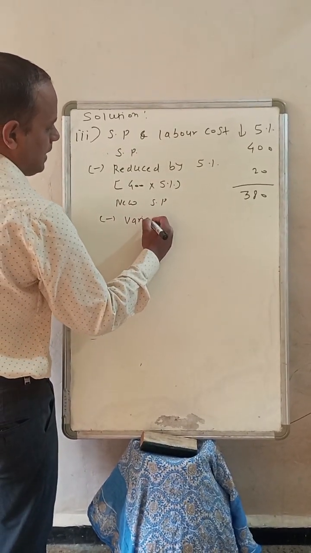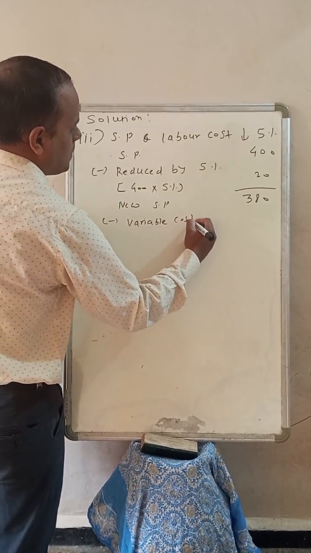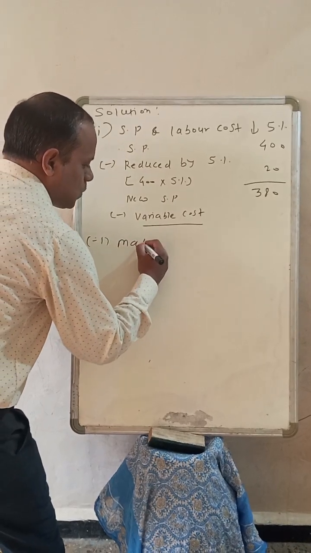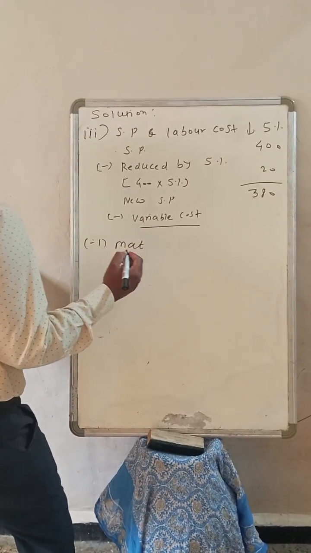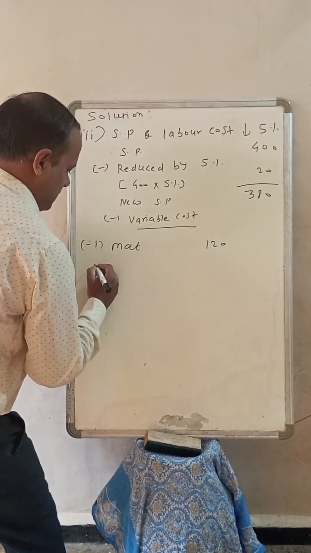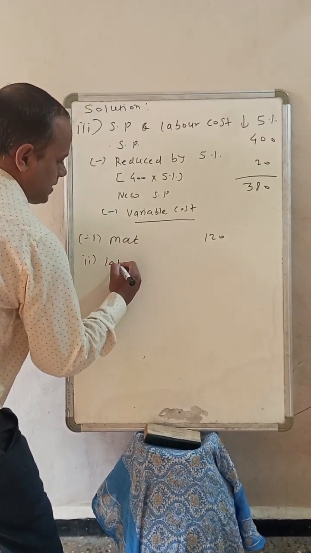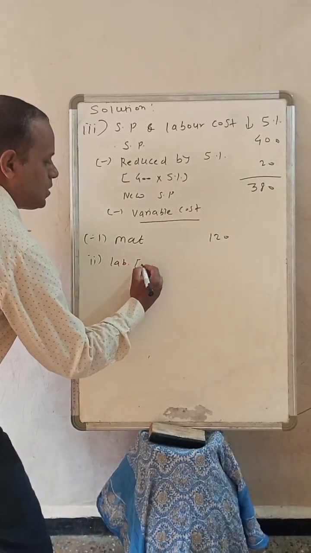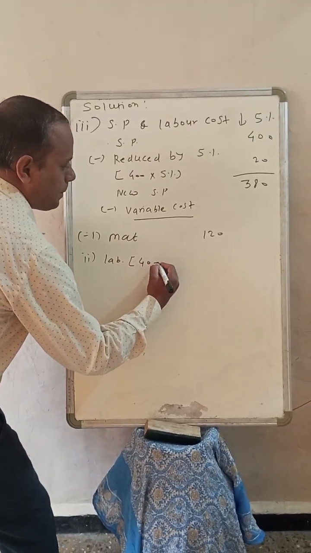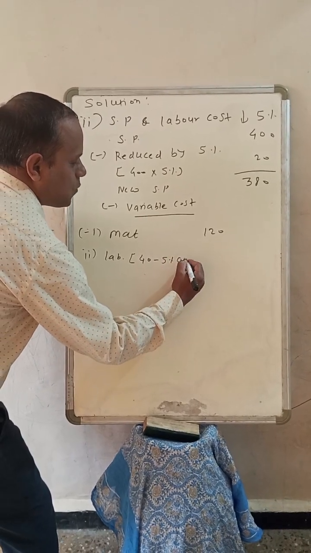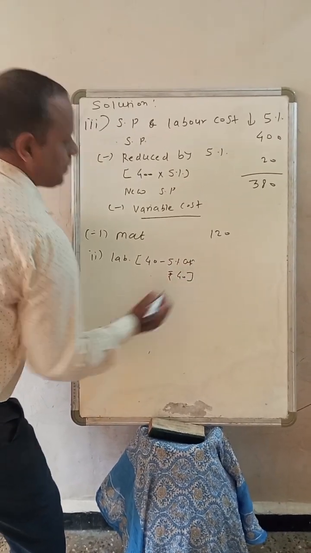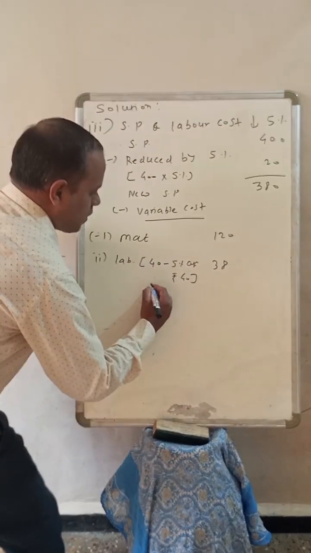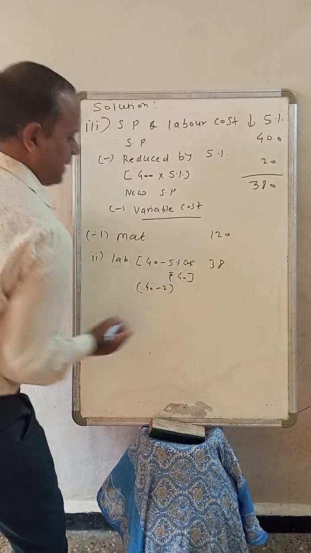So as usual, less variable cost or marginal cost. First one is material. There is no change in material price, so it should be 120. Labor cost, there is a twist. They are reducing the labor cost by 5%. Originally it was rupees 40, less 5% of rupees 40. So 40 minus 2, that is 38.